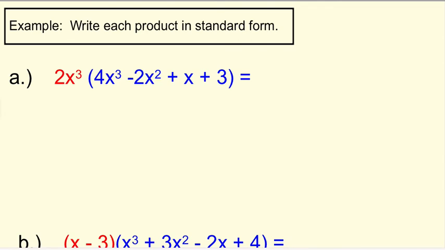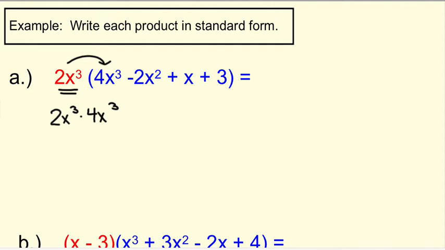All right, that kind of warmed us up to what we're going to do next. We're going to be multiplying a polynomial by another one. So we're going to take this binomial and multiply it by all of the terms in this blue piece. I'm going to take 2x cubed and multiply it by 4x cubed.